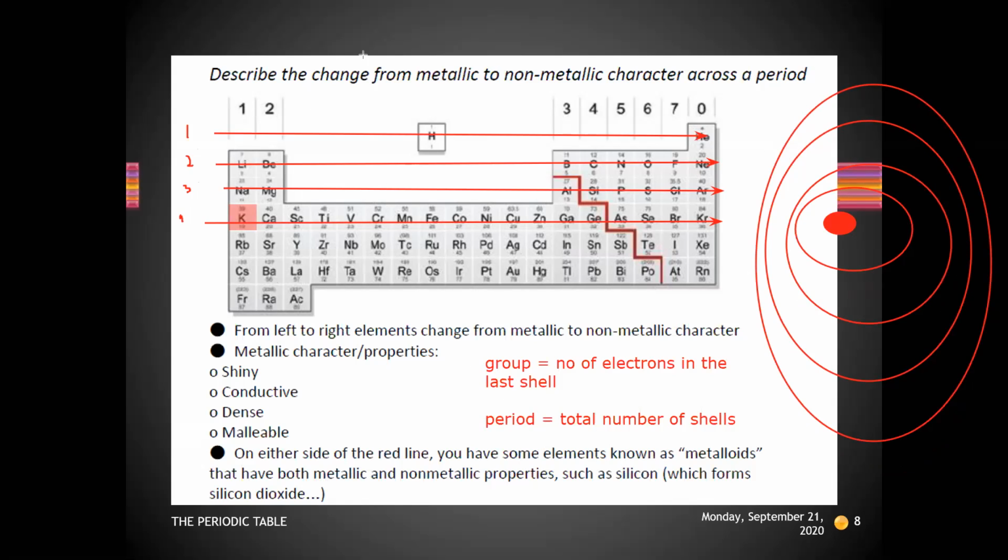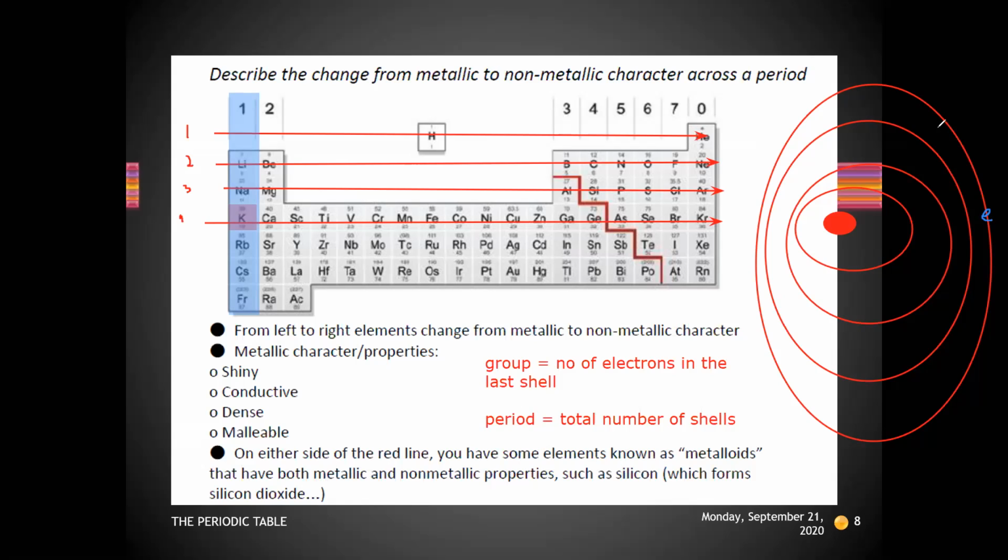When you check the group, the vertical columns are known as group numbers. So when you check its group, it belongs to group 1. So the group number represents the number of electrons in the last shell. So it has 4 shells and there is 1 electron in the last shell. So using the group and the period number, you can identify the number of shells and the number of electrons in the last shell.